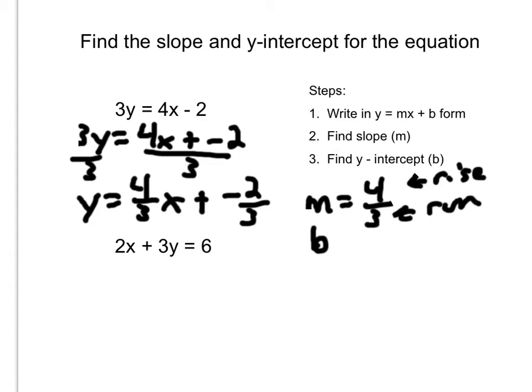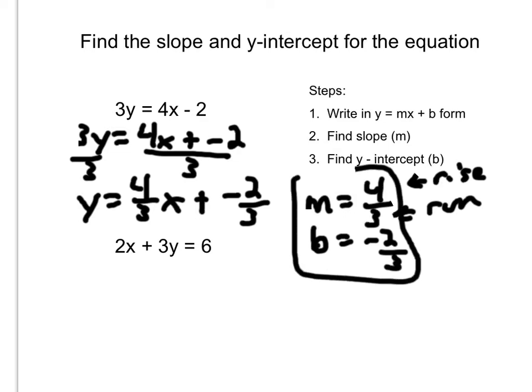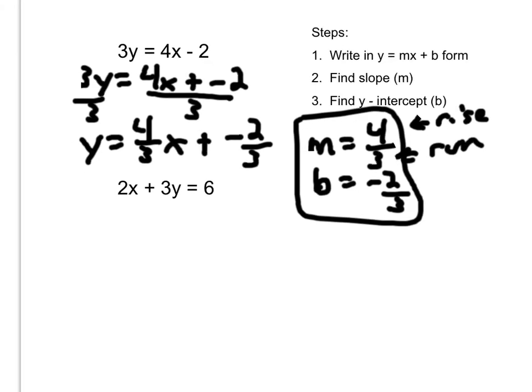And then b is whatever we're adding on here. Again, it's got to be adding, so we're adding negative 2/3. So that means that this graph crosses the y-axis at negative 2/3. So again, found our slope, found our y-intercept with the variables m and b. Alright, let's try another example.